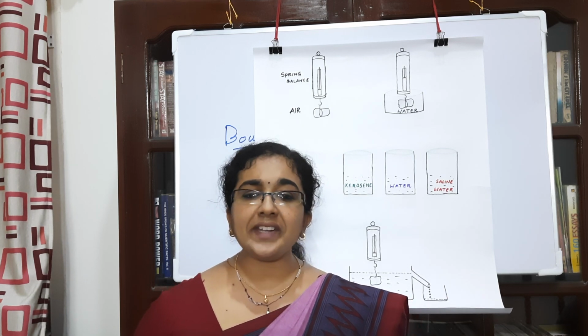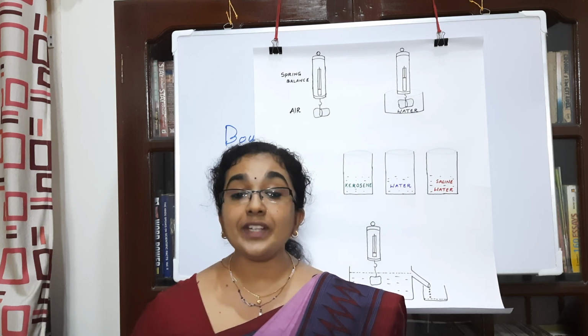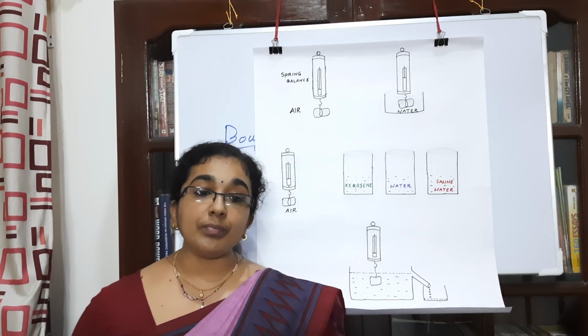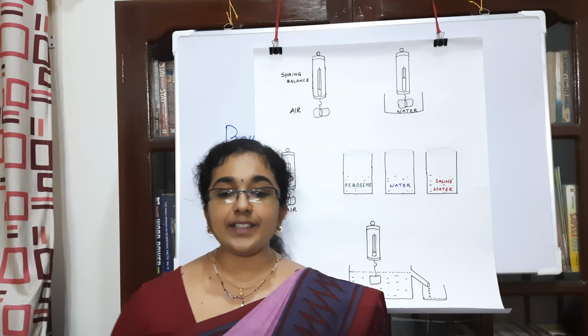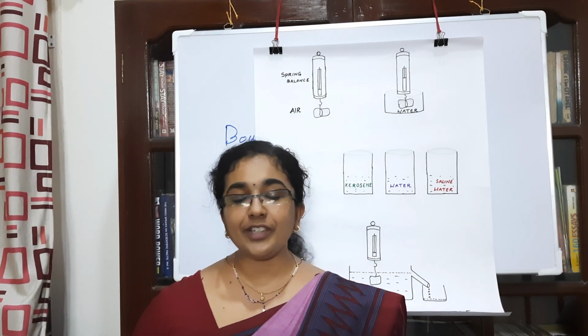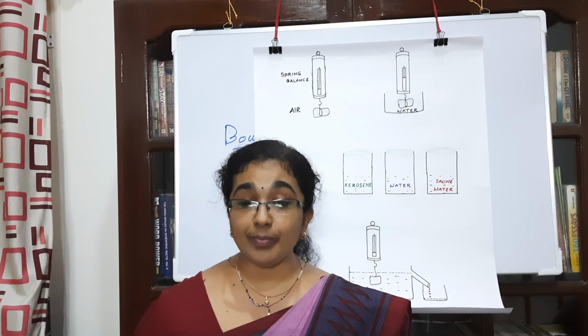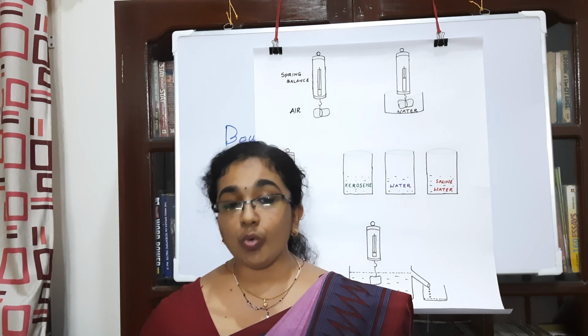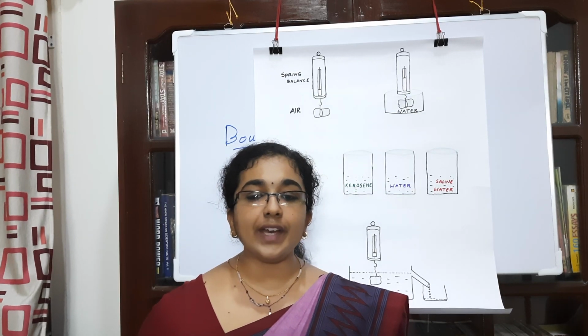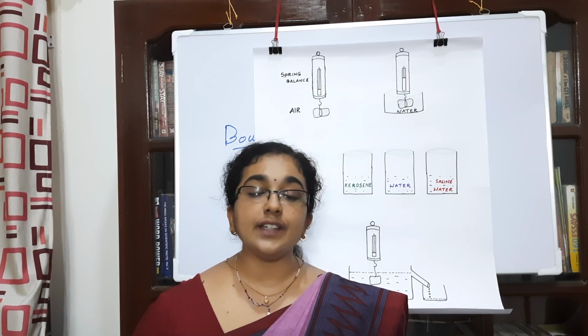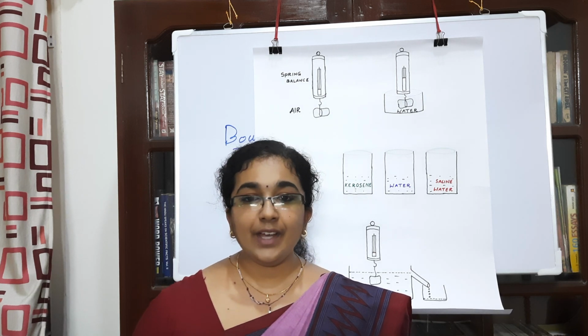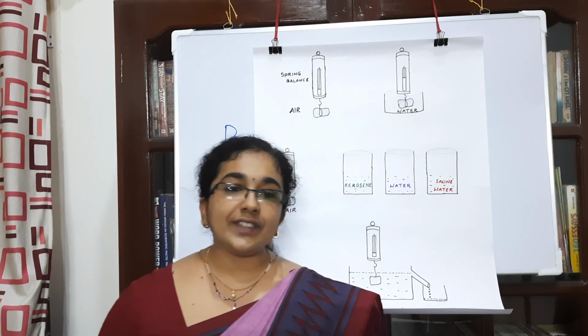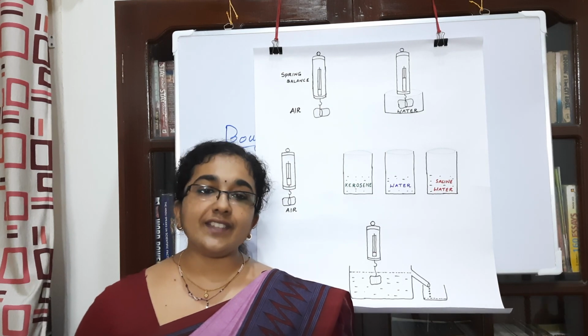This made him realize that he could calculate the volume of an object by finding the volume of the water that is displaced by it. So by finding the density and the volume of the gold, he could prove that the crown contained impurities. That was an interesting story behind it.